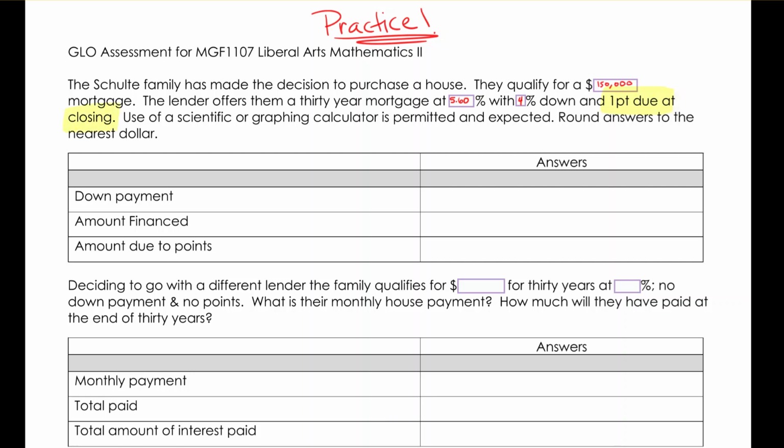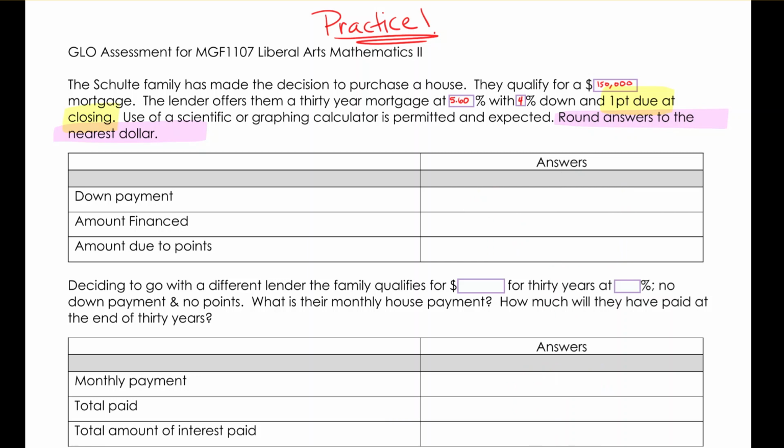We're told that we can use a scientific or graphing calculator, and we need to round all of our answers to the nearest dollar. So keep that in mind. Our final answers will need to be rounded to the nearest dollar.